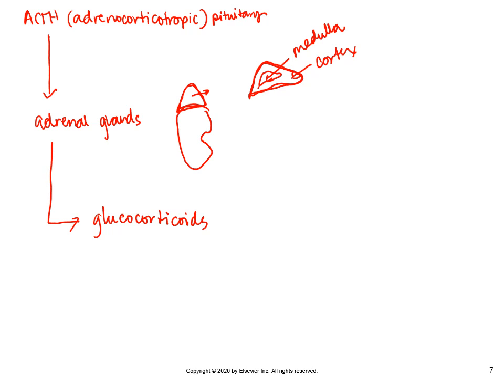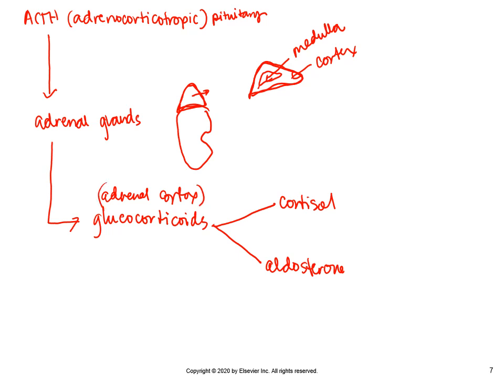So your glucocorticoids are what we call cortisol, right? Or the aldosterone. This is in the cortex, adrenal cortex. All right.